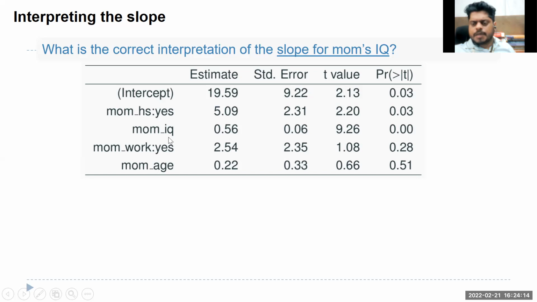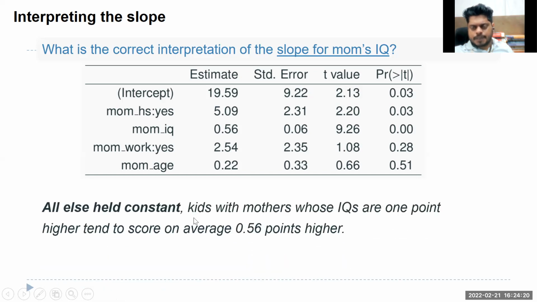The impact may be small. In this case, for each unit increase in the mother's IQ, the kid's score improves by 0.56. But initially you have to look at whether the variable is significant, because here the level of significance is showing 0, which is less than 5%.